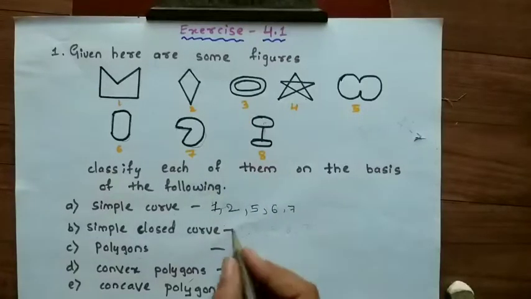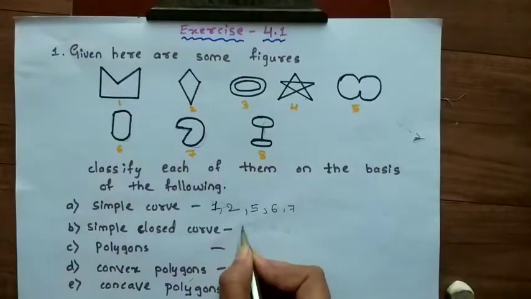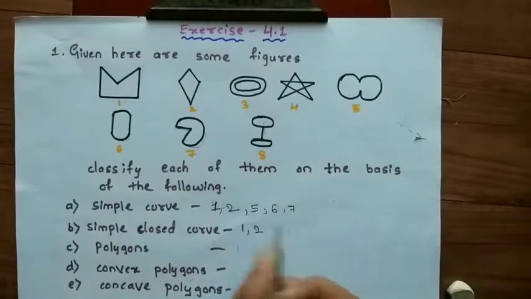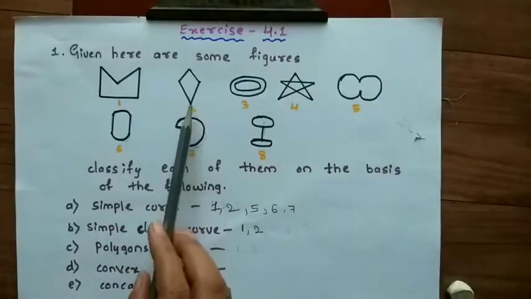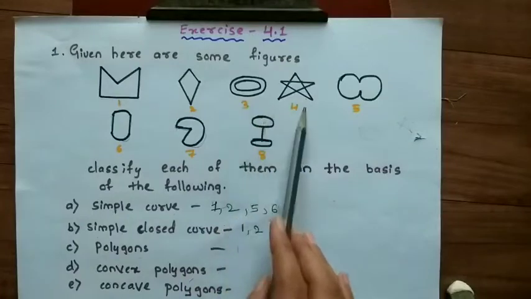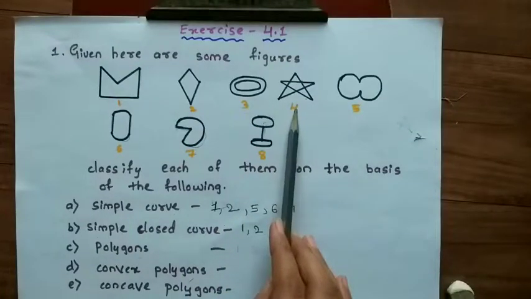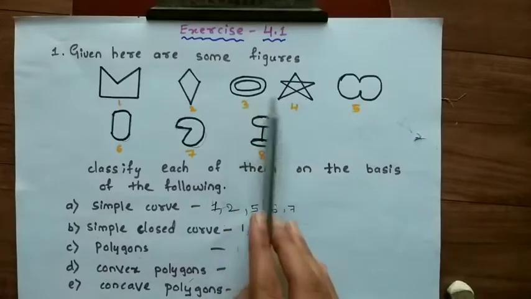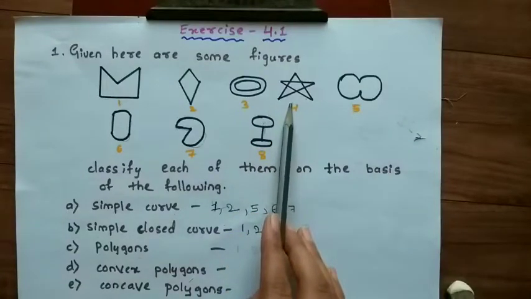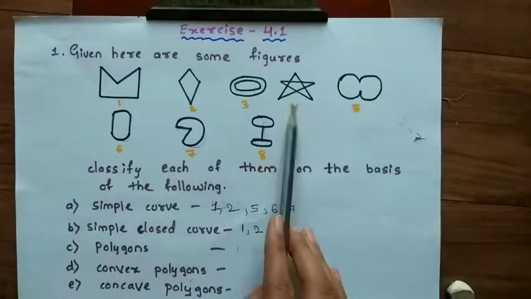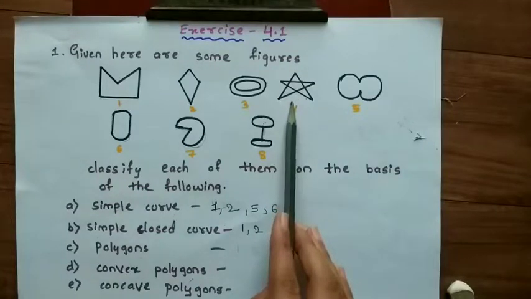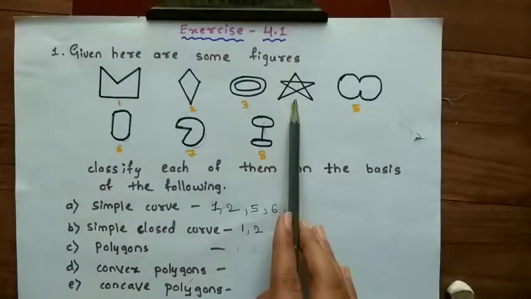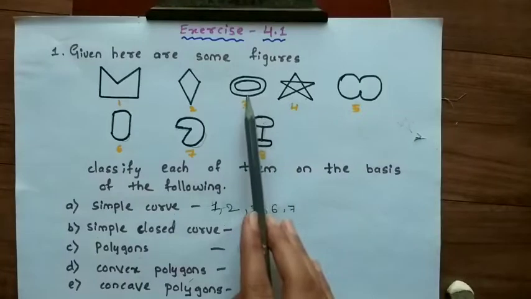So figure 1 and figure 2 are simple closed curves. And figure 3 and figure 4 are not simple closed curves. These are closed figures, but they are not simple closed curves, because in figure 4 we have to retrace the portion again and again, and in figure 3 while drawing this figure we have to lift the pencil.